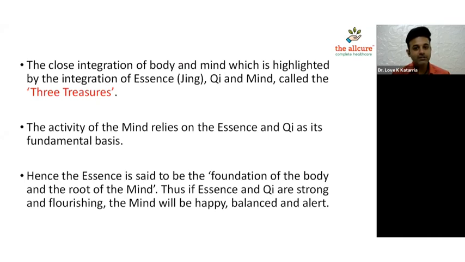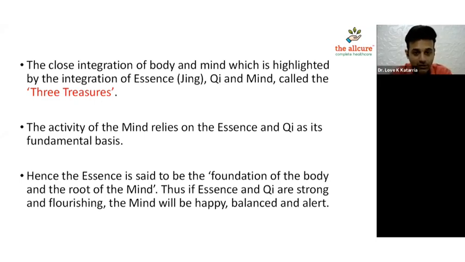The close integration of body and mind is highlighted by the three treasures we have seen: essence at the bottom, chi in the middle, produced by the spleen. Essence is linked to the kidneys at the bottom, and mind to the heart at the top. These are the bases of the body.